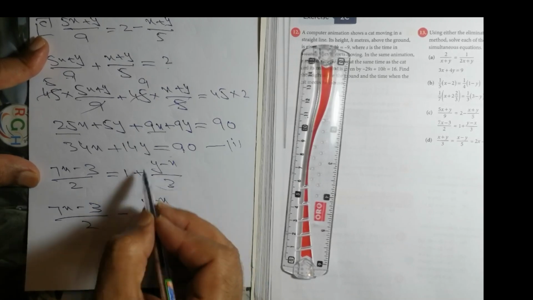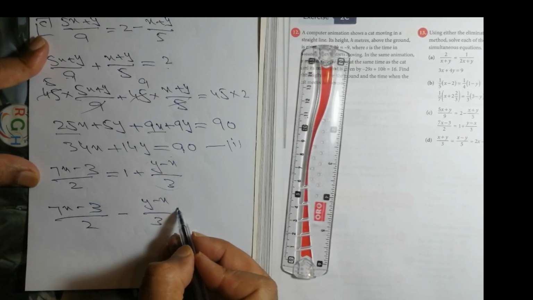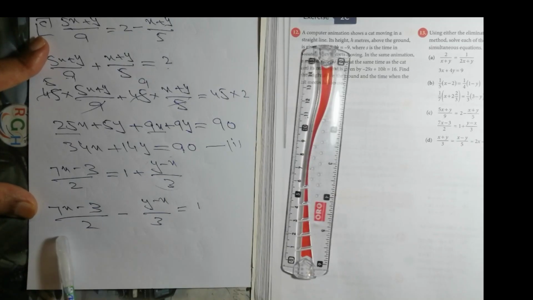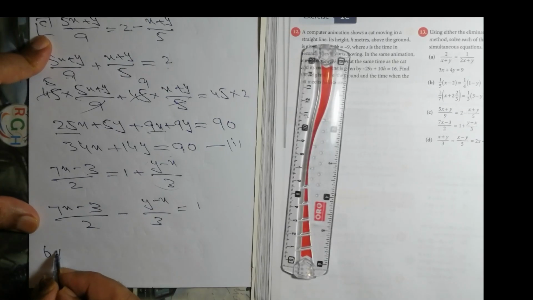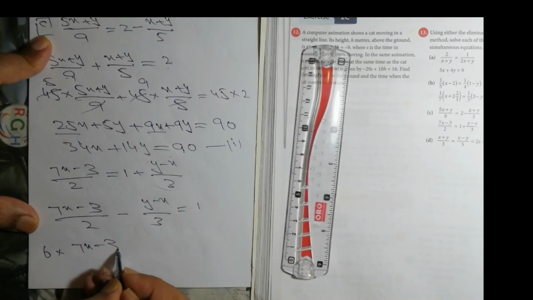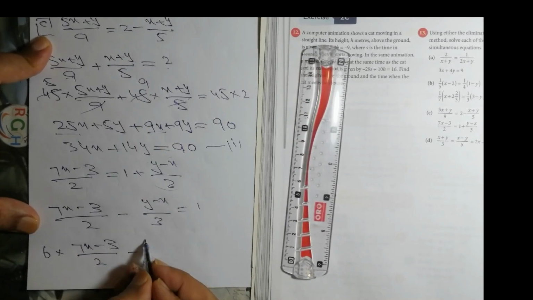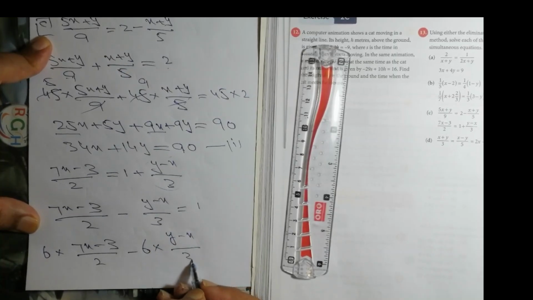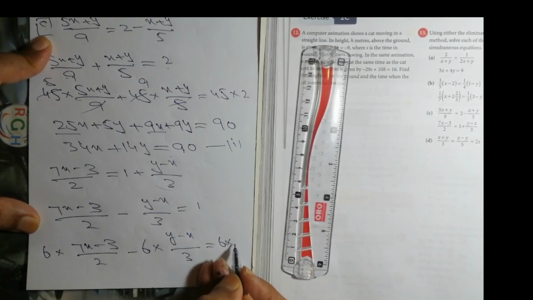Sign changed of this term when we shifted here on left side, equal to 1. Now similarly, what is the LCM? 2 3s are 6. Multiply each term by 6. So 6 into 7x minus 3 over 2 minus 6 into y minus x over 3 equal to 6 into 1.